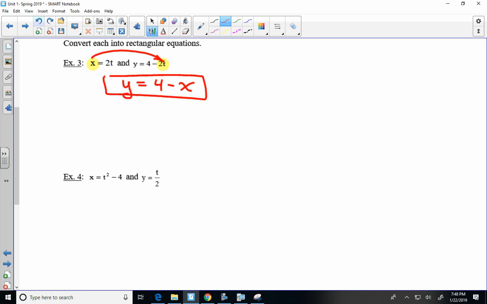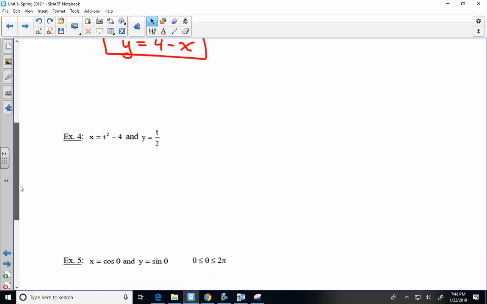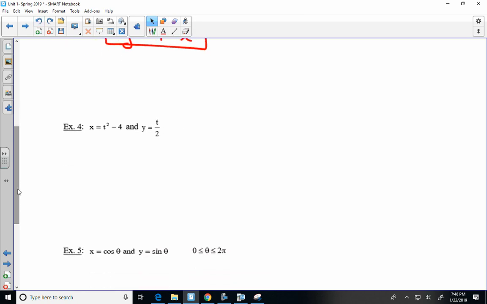It's not always going to be as simple. Look at this one. I need to isolate t. I mean, you have a choice of working with the t function, the x function or the y function. I think it's obvious that you'd want to work with the y one, at least initially, because all I have to do is multiply both sides by 2, and I get t equal to 2y.